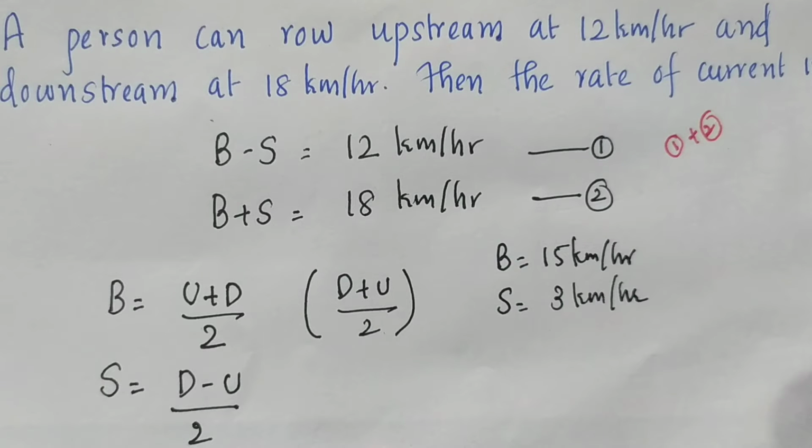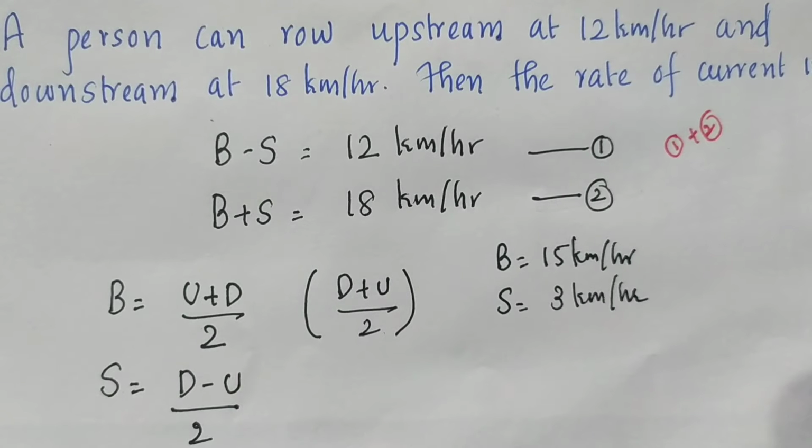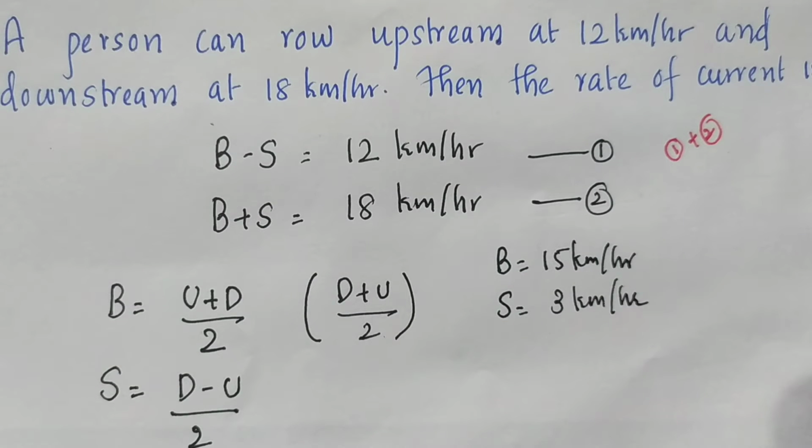The next question is to find out the speed of the boat and speed of the stream if you are given the upstream speed and downstream speed. So the question is, a person can row upstream at 12 km per hour and downstream at 18 km per hour. Then the rate of current is? So we can find both the speed of the boat and the speed of the stream if you are given the upstream speed and downstream speed.